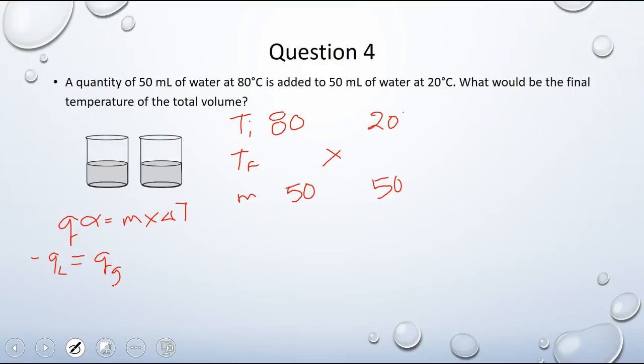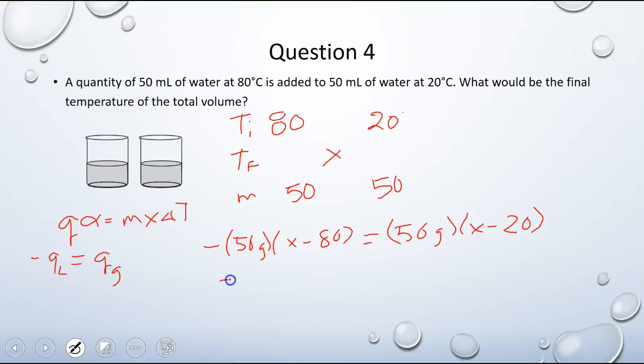What if we said, negative 50 grams times X minus 80 is equal to 50 grams times X minus 20. Let's distribute through.